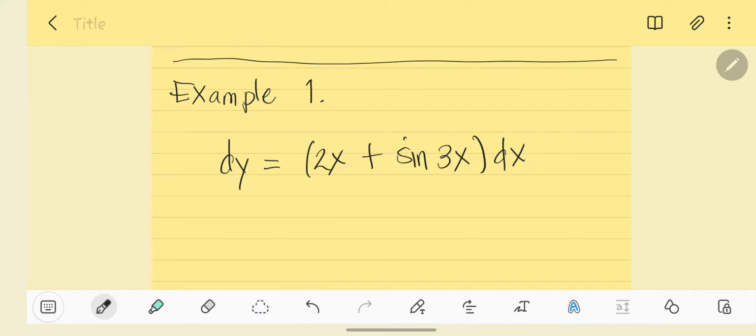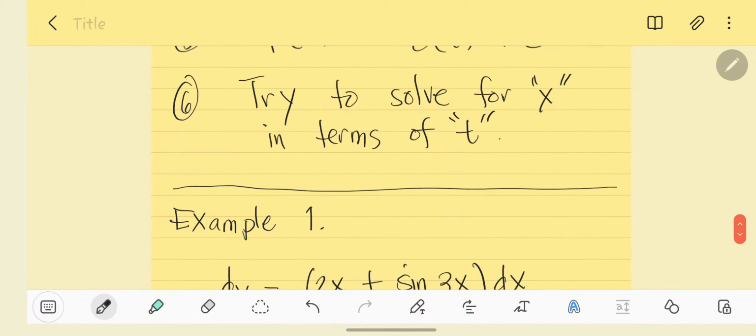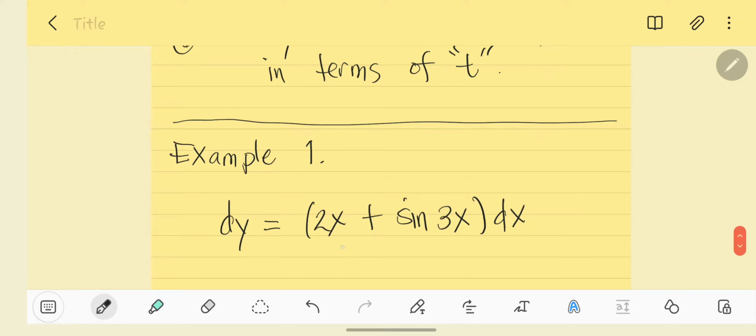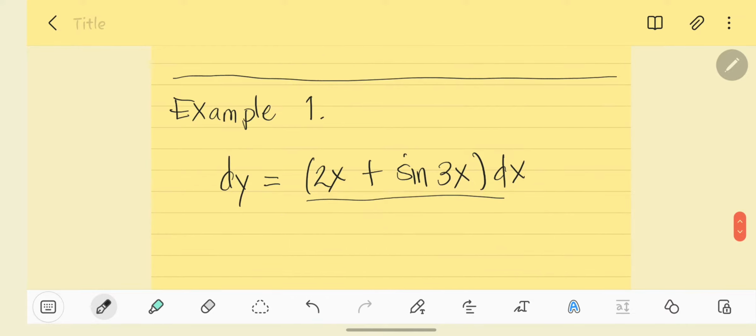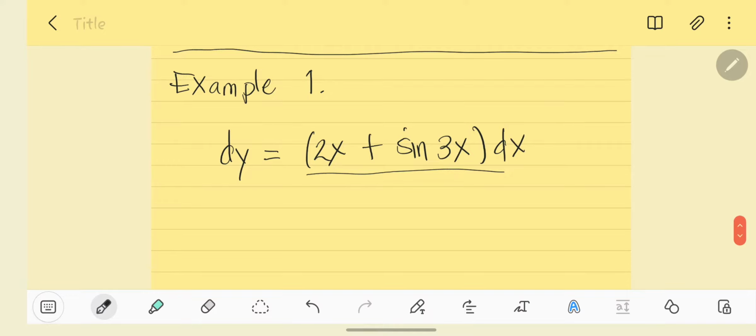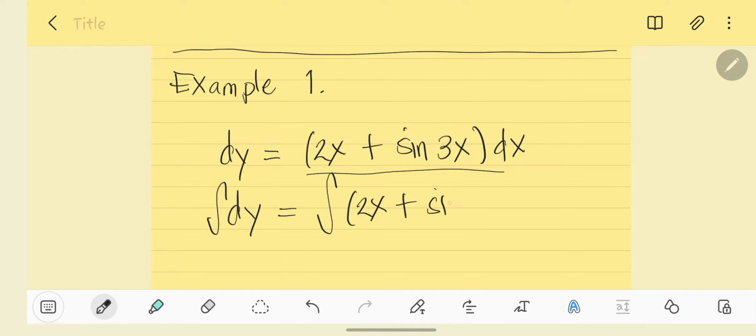So now the equation is in the form of step 3, because we know that these are in the same terms. So dy is equals to 2x plus sine 3x dx. So it is now in step 3. So we know that step 4 is we have to integrate both sides. So integrating both sides, dy is equals to the integral of 2x plus sine 3x dx.